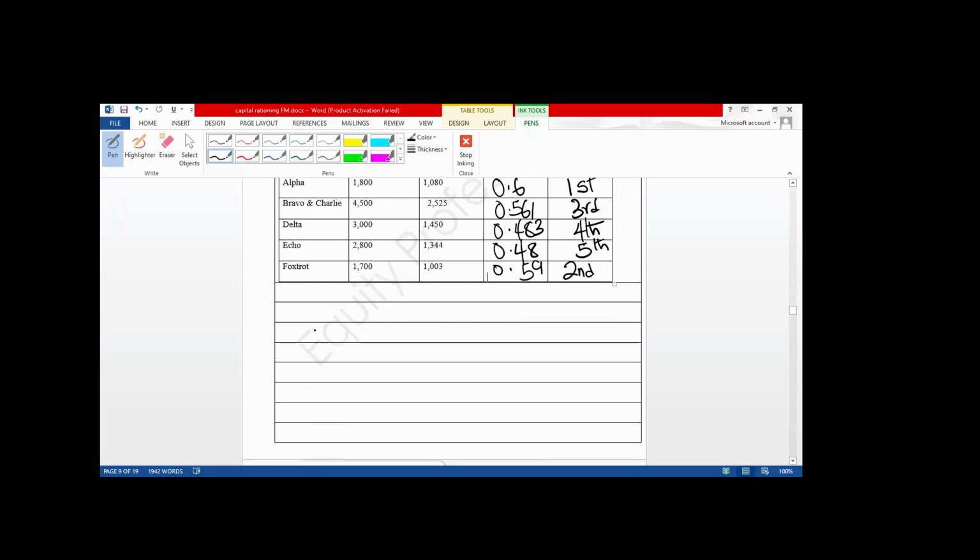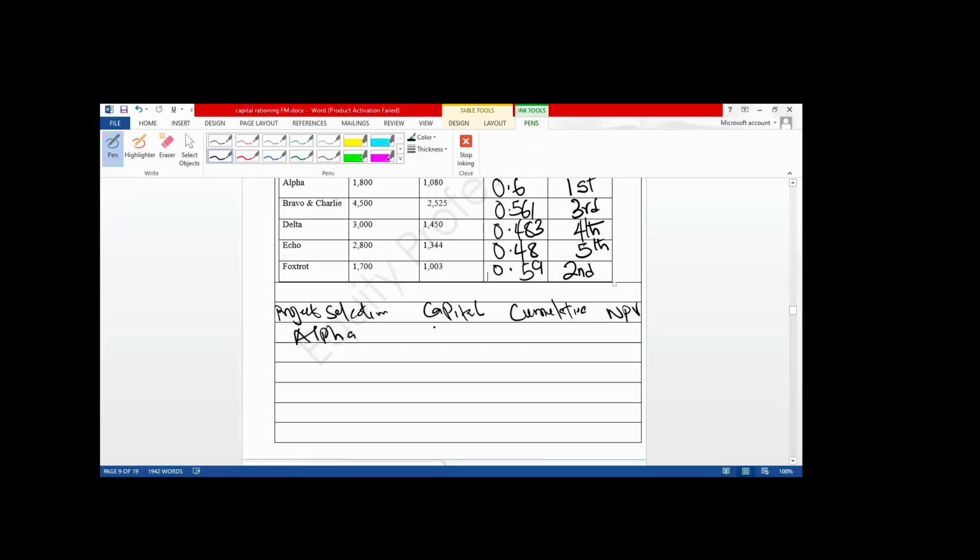You now come to your project selection. Project selection, capital required, cumulative, NPV. Based on ranking, we start with project Alpha first.